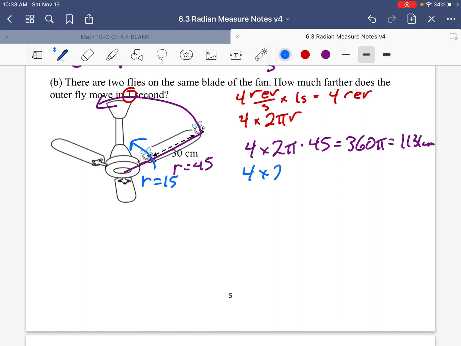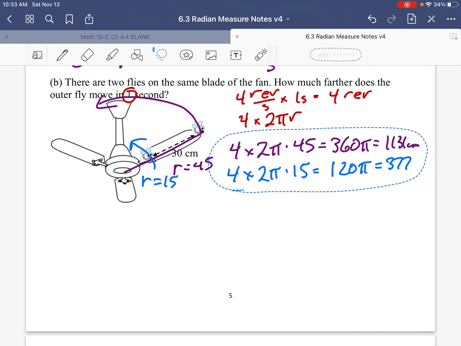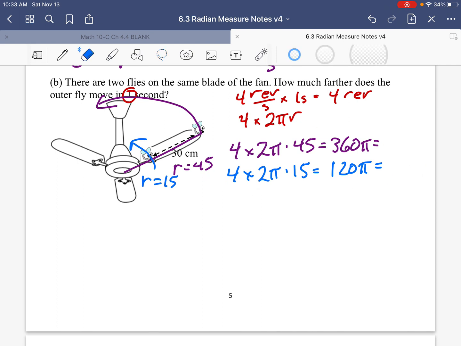This inner fly, the radius is 15, which is 120 pi. Let me move that over just a smidge. So I'm just going to rewrite this a little neater. Apologize for that.